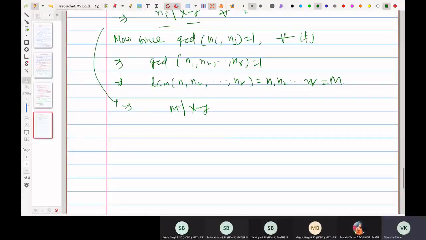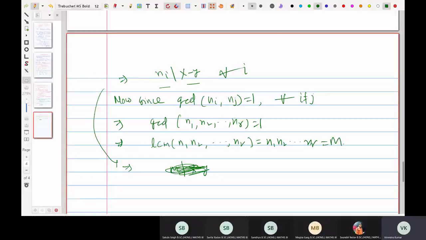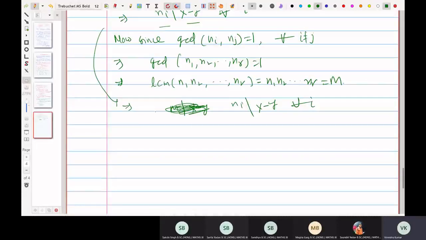Okay, here I have written that Ni divides capital X minus Y for all i, and therefore their least common multiple, that is capital M, divides capital X minus Y. Okay, and therefore we have X congruent to small y modulo capital M. So this proves the result.